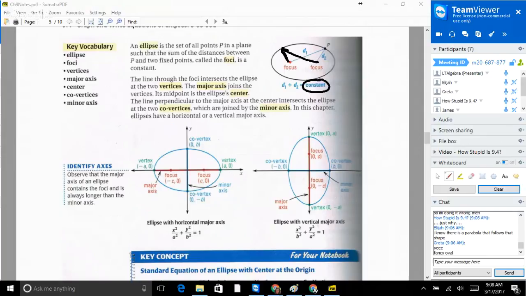If I pick this point down here at the bottom and draw my line from the focus point to the ellipse and back to the focus point, this distance is going to be the same. That was the point of our little hands-on experiment: the definition of an ellipse is that every point has a constant total distance from the two focus points.